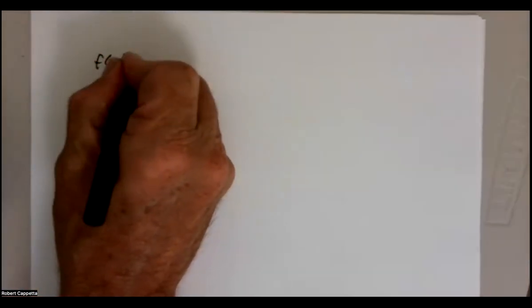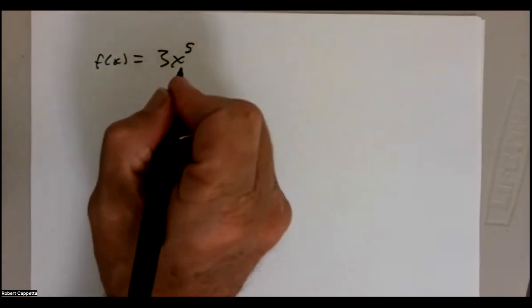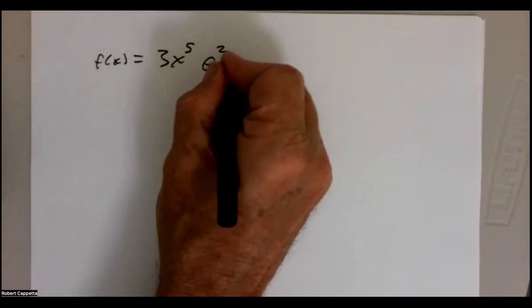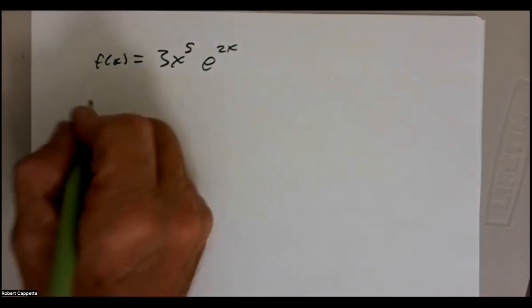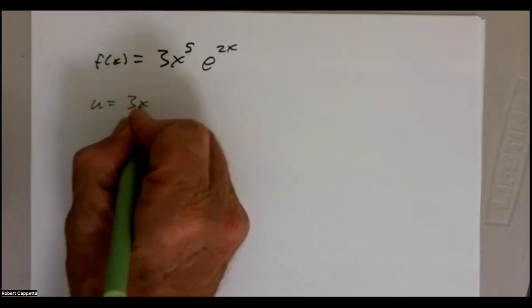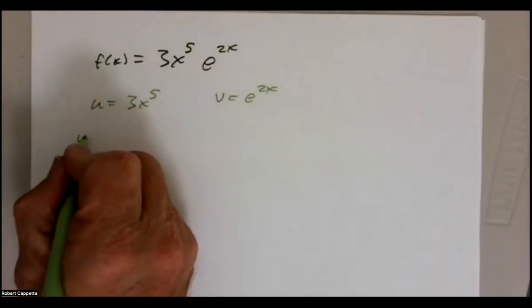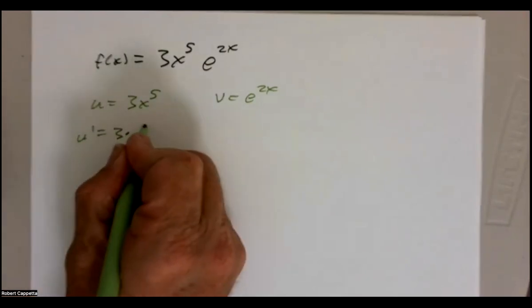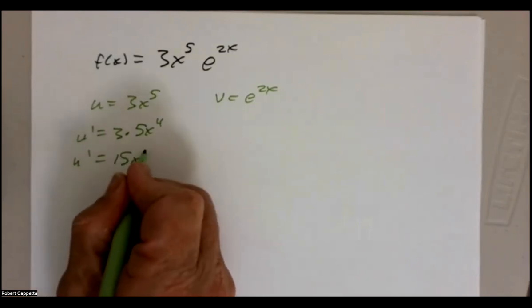I have f of x is 3x to the 5th e to the 2x. So let's play with u's and v's. So u is 3x to the 5th, v is e to the 2x, u prime is 3 times 5x to the 4th, u prime 15x to the 4th.